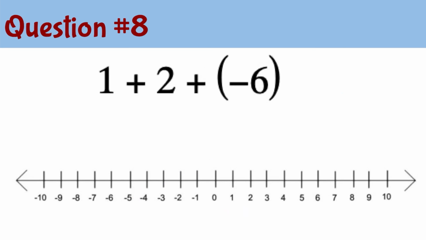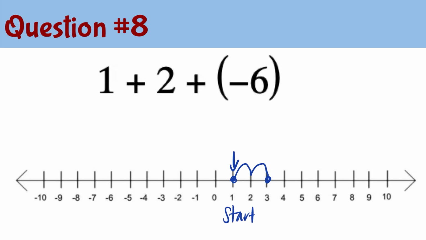Question number 8. 1 plus 2 plus negative 6. In this problem, we're starting with positive 1. And from positive 1, we're going 2 units to the right because it's adding 2. So 1, 2. So we stop with 3. Now from that 3, we need to add the negative 6.